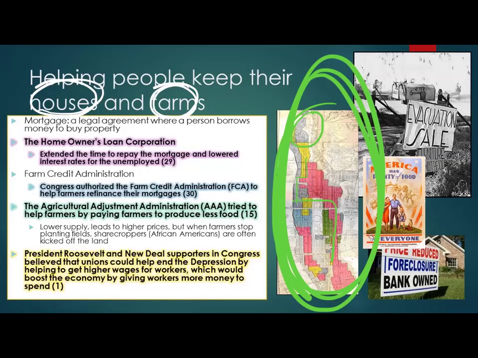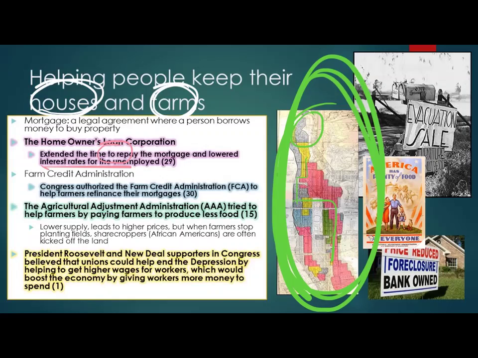We're going to lower your interest rates since you're unemployed, so that instead of you racking up those bills and us taking your house, we're going to give you more time to pay that off without taking your house. And we're going to lower the amount of money you have to pay back by lowering interest rates. And this will allow some people to keep their homes. That's one of the issues of the Great Depression.